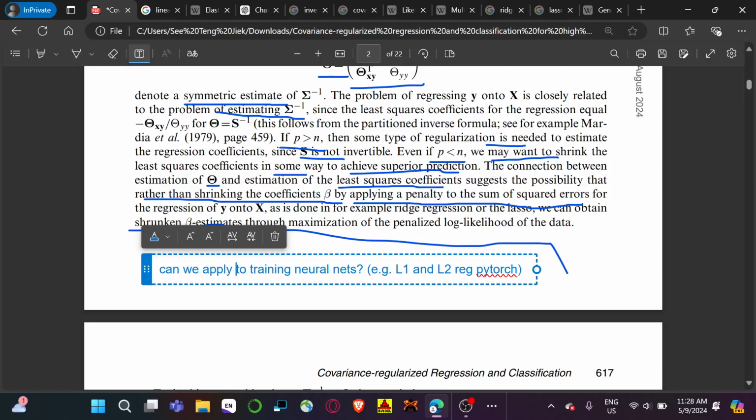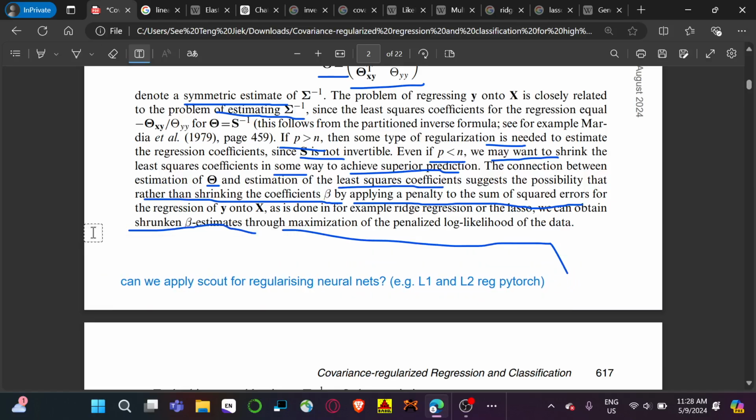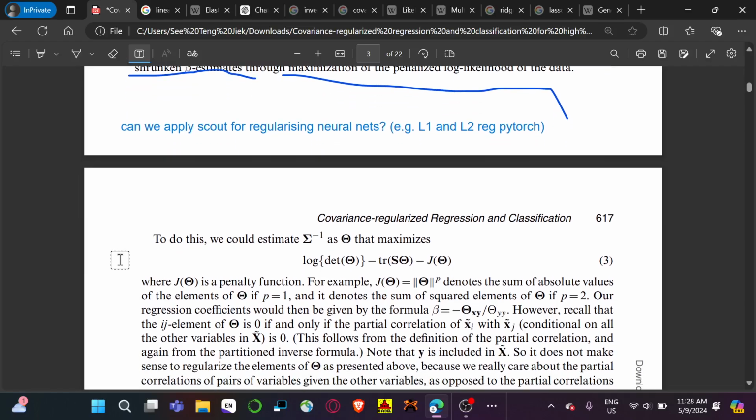So can we try to apply Scout for regularizing neural nets? I think this is some kind of approach that can come out of this paper. If any one of you knows if there's any work related to this, please let me know.